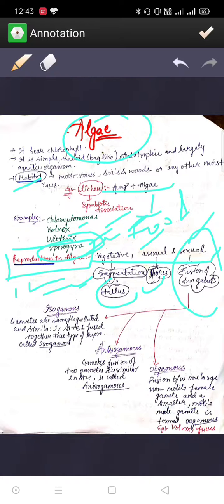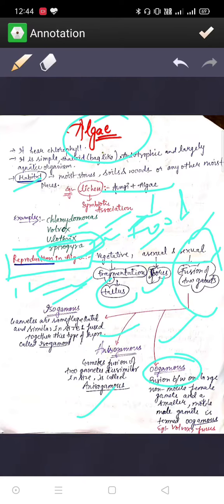The gametes in sexual reproduction are of three types: isogamous, anisogamous, and oogamous. Iso means similar. In isogamous, the gametes are similar in structure and size, and the fusion of this type of gametes is called isogamy. In anisogamous, the fusion is of two gametes which are dissimilar in size or structure.